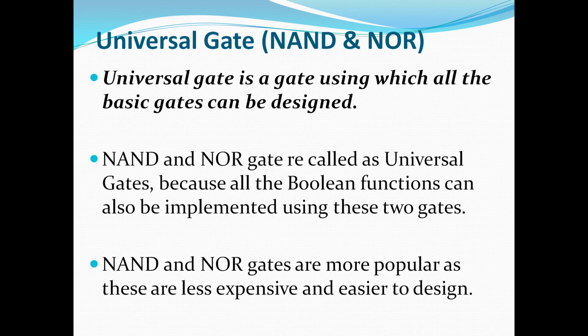Once again, the NAND gate and the NOR gate are known as universal gates. We can call them universal gates because by using the NAND gate or the NOR gate, all the basic functions, or we can say all Boolean functions, can be implemented.